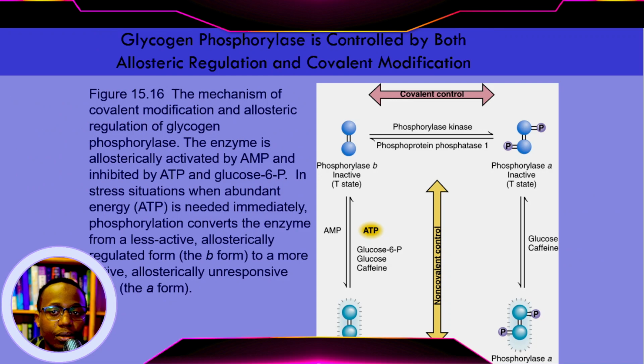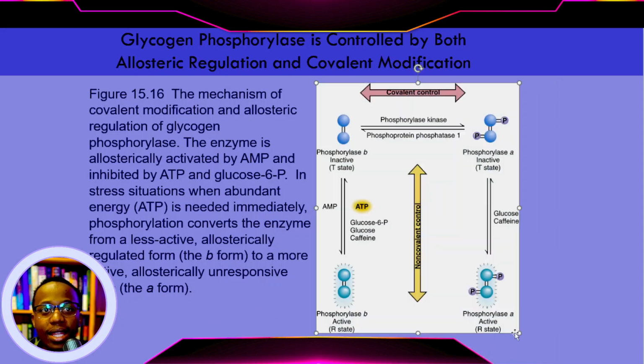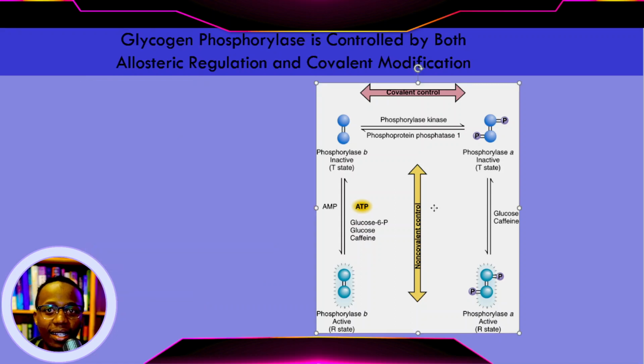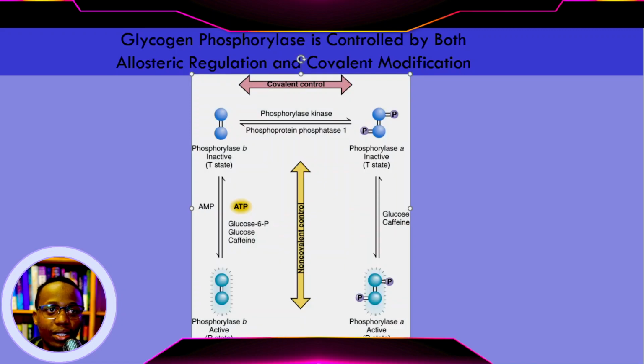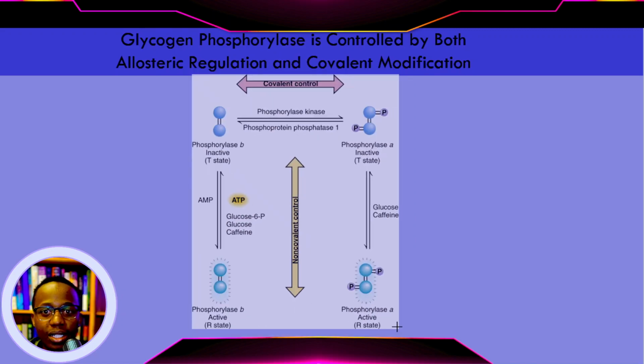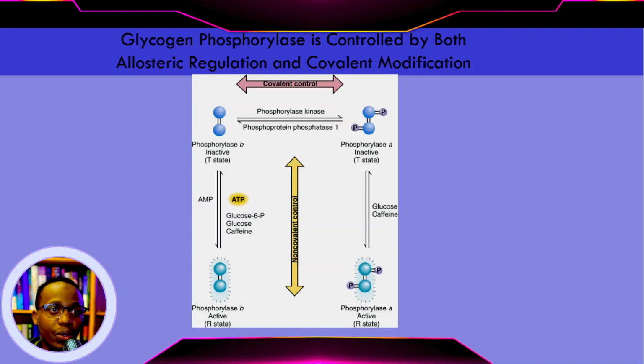All right, so there is another layer of regulation. So let me put this up so that you can see it. And what's the layer of regulation? It is covalent modification, right? Covalent modification is an important layer of regulation when it comes to phosphorylase. Why? It's because you have two versions of phosphorylase.